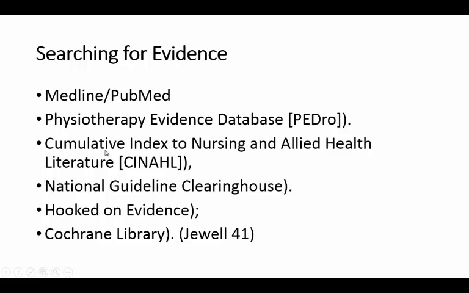The third one is called the Cumulative Index to Nursing and Allied Health Literature, or CINAHL. National Guidelines Clearinghouse, Hooked on Evidence, and we'll talk about that, and the Cochrane Library. These are very important databases that we can use to find answers to our questions.